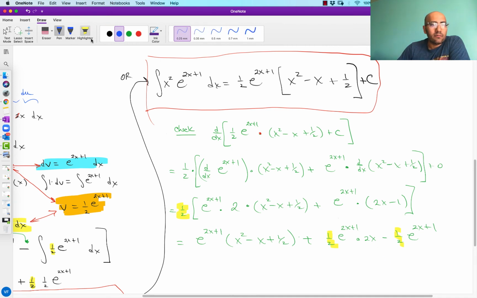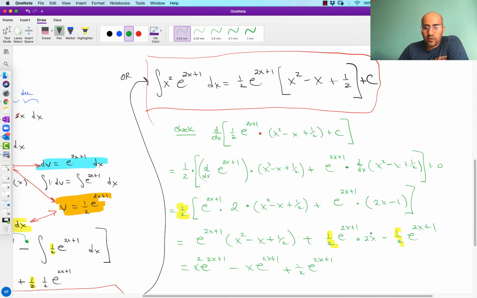And now, distributing, I get e to the 2x plus 1 times x squared, so let's leave that x squared in there, minus x e to the 2x plus 1 plus 1/2 e to the 2x plus 1.